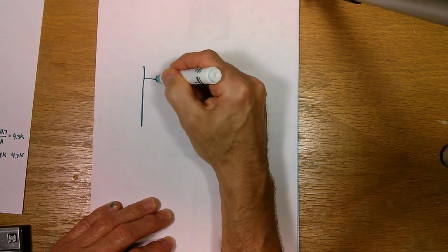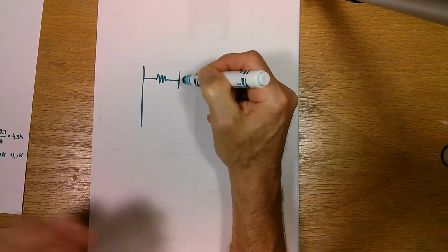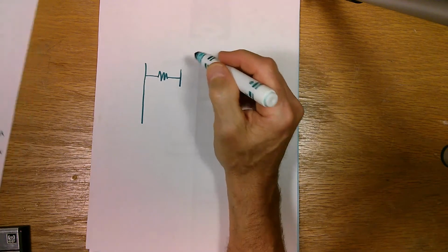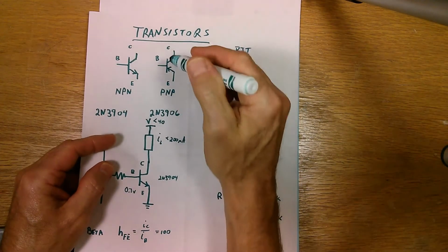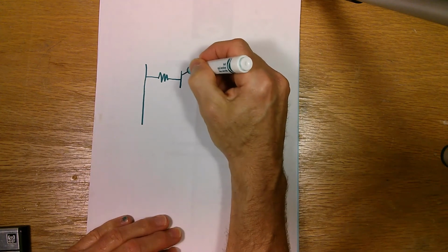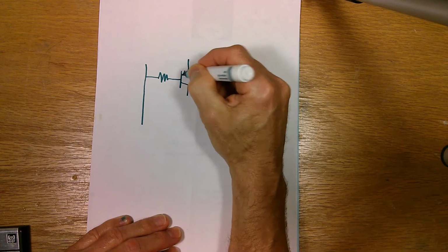We need another current limiting resistor and the transistor. Now I have to turn the transistor over from where it's drawn in this picture. I have to put the emitter up at the top because that's the way the current flows. So the emitter goes here.